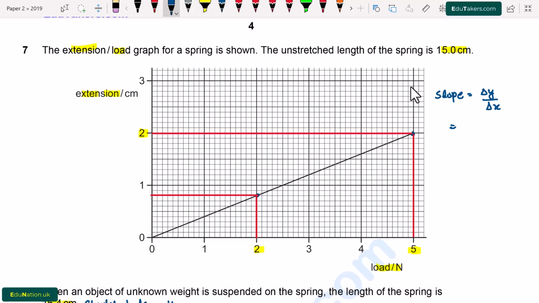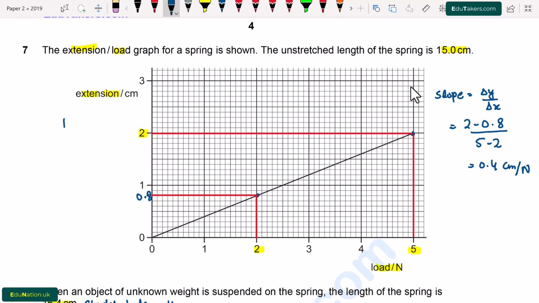Now the slope will be equal to the value on y-axis, which is 2, and here is 0.8. So 2 minus 0.8 divided by 5 minus 2. Then slope is 0.4 centimeter over Newton.